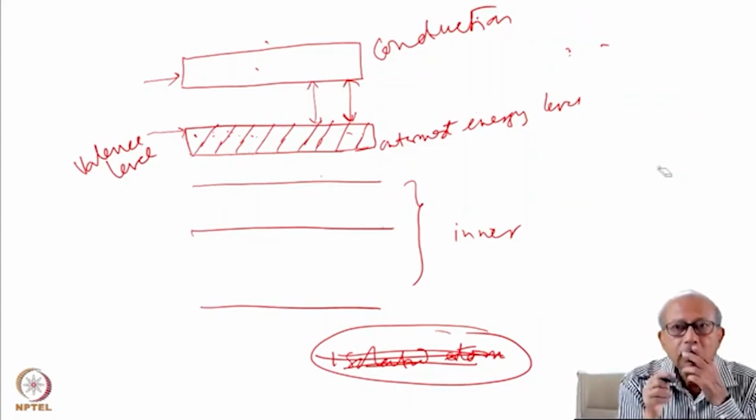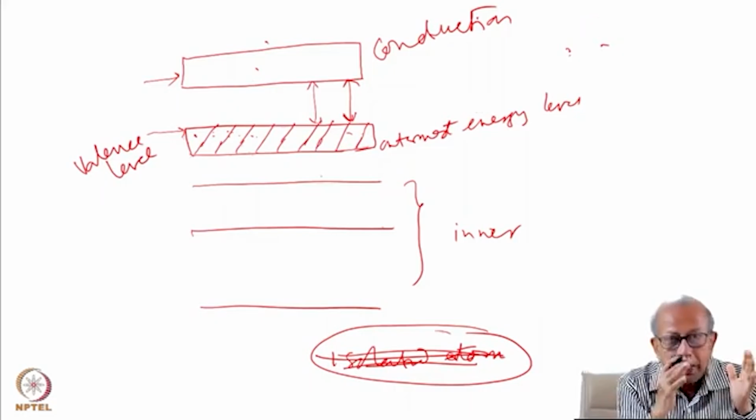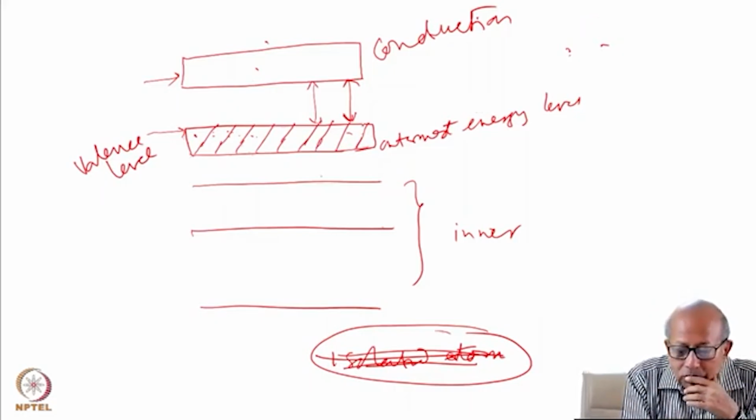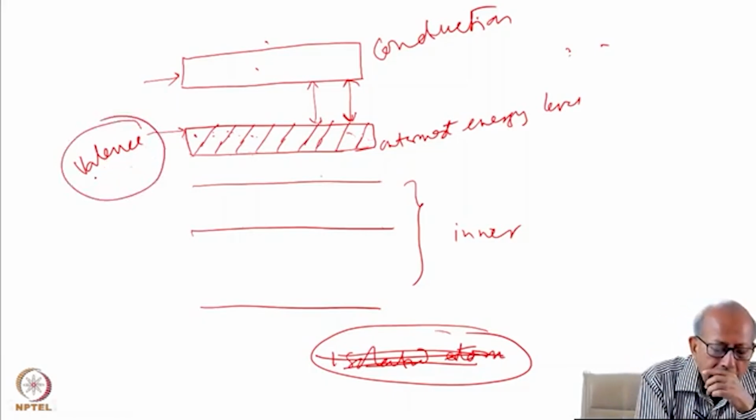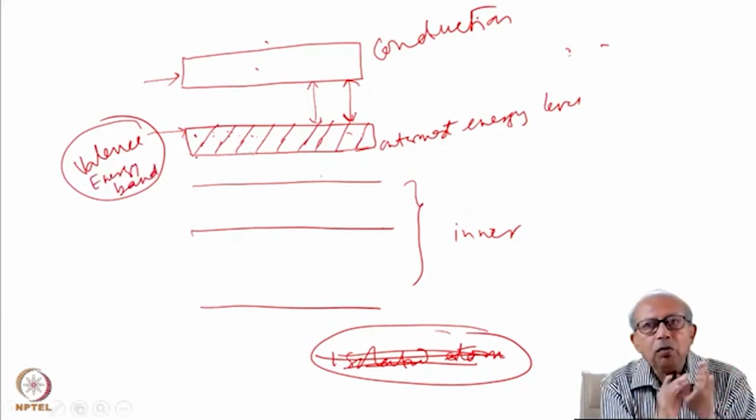In the case of a semiconductor, too, like an insulator, the outermost energy level, that is the valence energy band, is completely full with electrons.